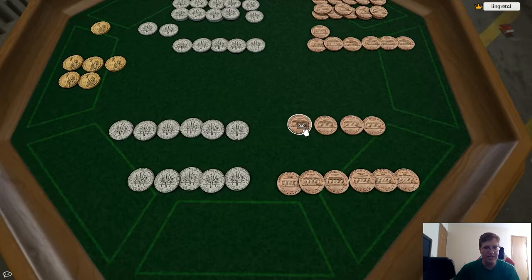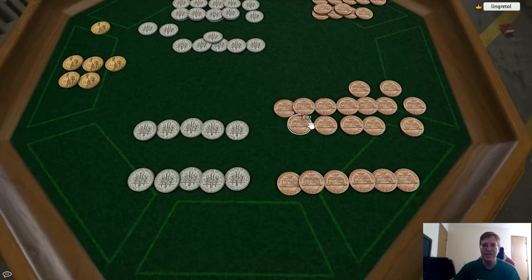All right, so let's take a look at what would happen if I wanted to subtract these two numbers instead of add them together. So this is going to be where we would use the term renaming. I'm going to have less pennies on the top here than what I'm trying to take away. So I'm going to need to take away a dime and add 10 pennies. So now I have 10 pennies in addition to the pennies that I started with, and I will be able to subtract.